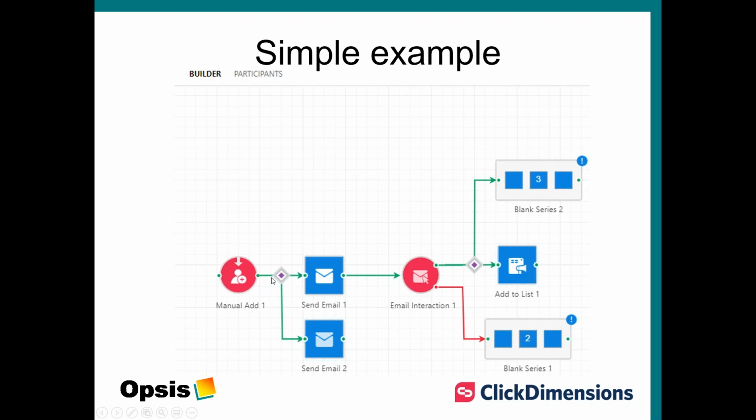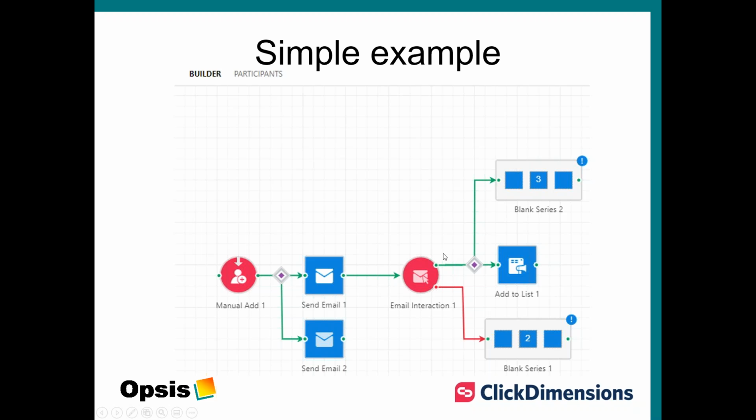And then depending on the answer to that, they will either receive email 1 or they will receive email 2. Now, email 2 at this point is the end. So that's probably a 'thanks for contacting us, but you're not a good fit for us' type email.